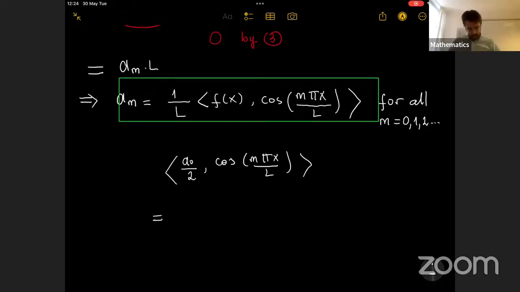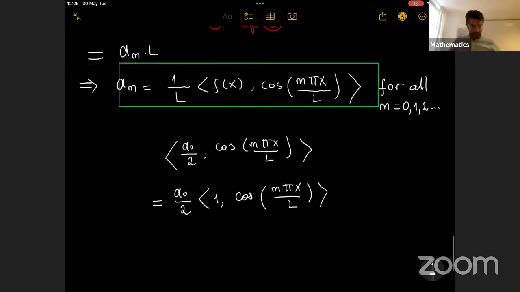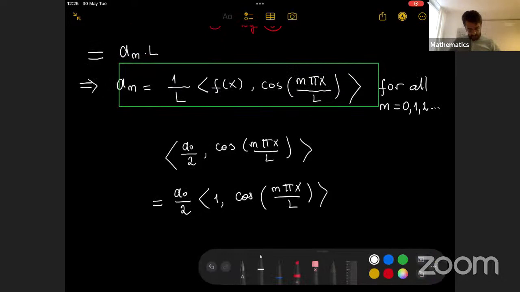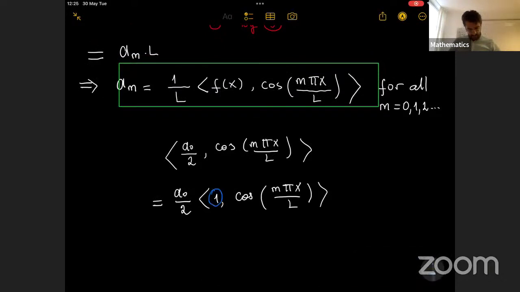Well, we can think of this like A0 over 2 times 1, and cosine m pi x over L. Same. But you can write the 1 here as cosine 0 pi x over L, because cosine 0 is 1, right?